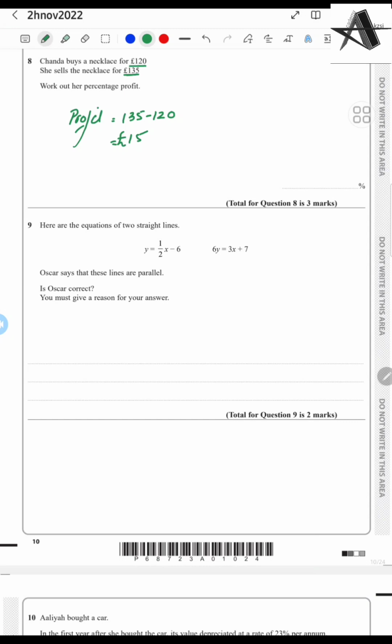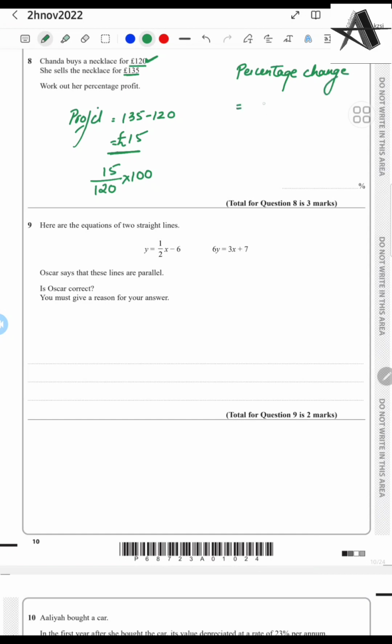If profit is 15 pounds, then what is the percentage? We already know that percent profit, the change in percentage, is always change over original. This is my profit, and profit is always over your cost price, over how much you have purchased. So it's going to be 15 over 120 into 100. There's another formula you can remember for percentage change. It can be for loss, for profit, for any percentage change.